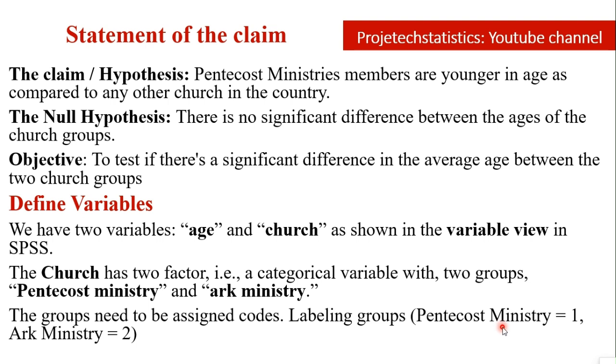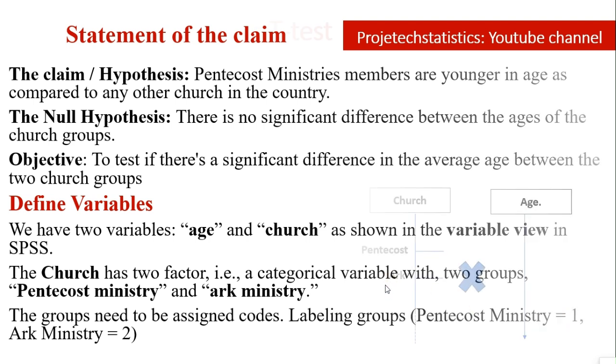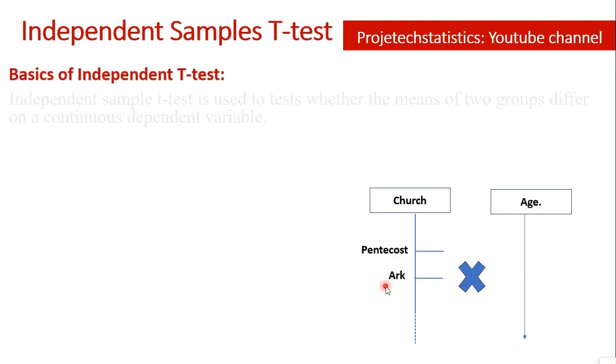So whenever you are inputting data in SPSS, you represent it as a numeric value before putting it in SPSS. For Pentecost ministry, we cannot put it as a string variable in SPSS, but rather we use 1, which is a numeric variable, to represent it.